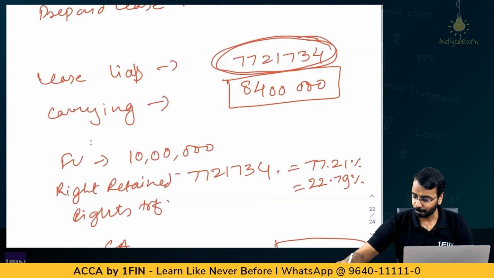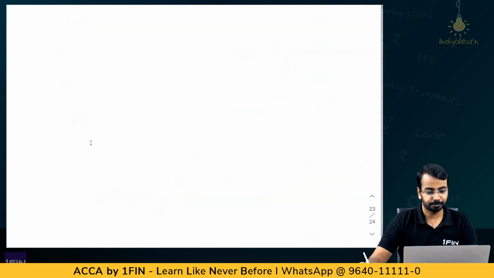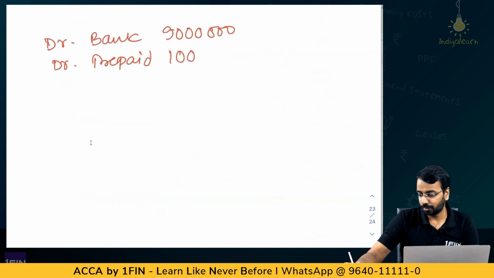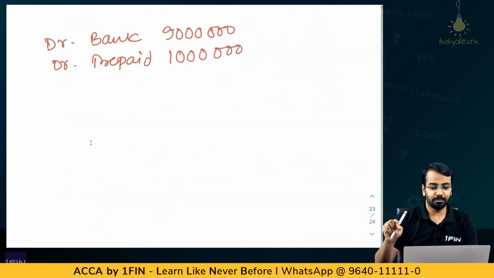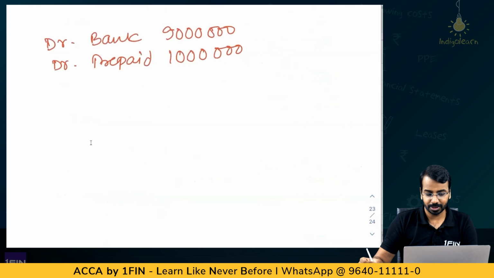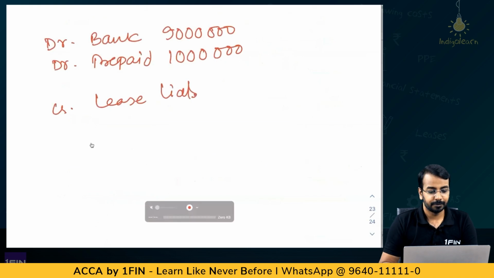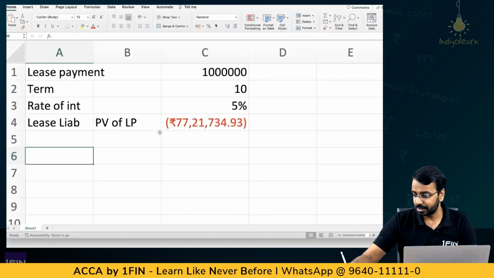So, what we do is, when we pass the entry, we will say debit bank 9 million, this is the amount received, debit prepaid 1 million, this is the portion which is prepaid, then credit lease liability 7721,734.